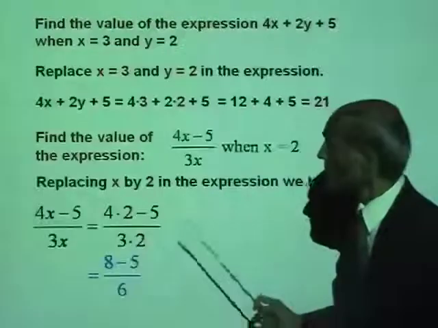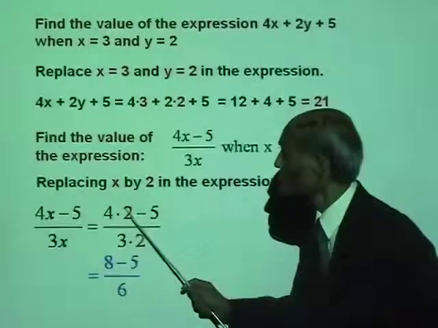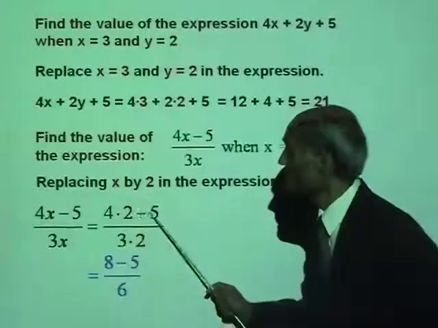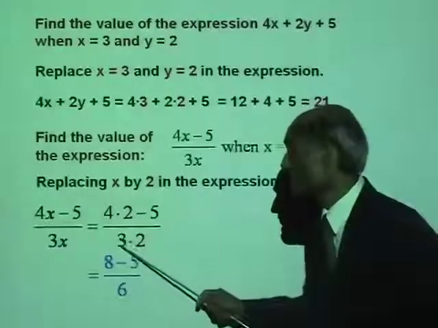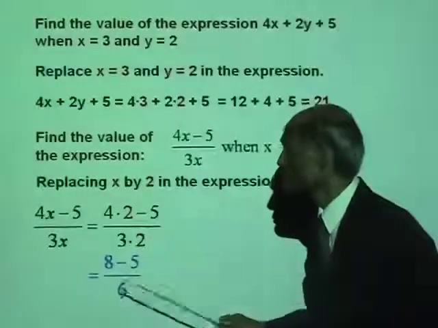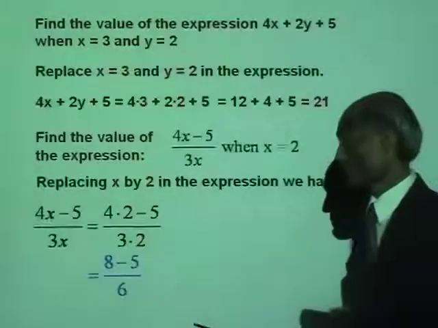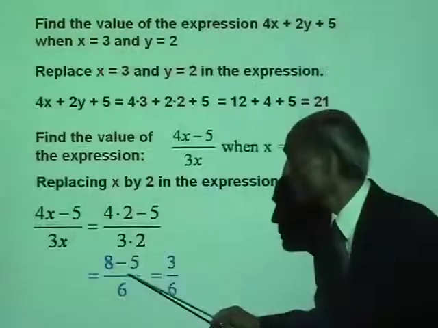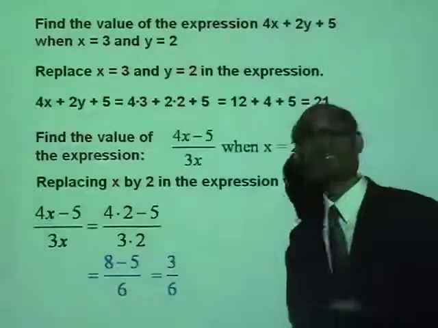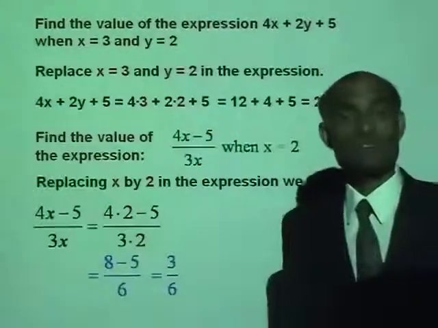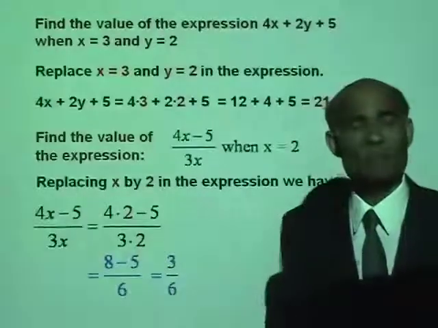Alright, now calculate that. 4 times 2 is 8. 8 minus 5 is the numerator. The denominator is 3 times 2, that is 6. The numerator now is 8 minus 5 is 3, and the denominator is 6. Can you simplify 3 divided by 6?